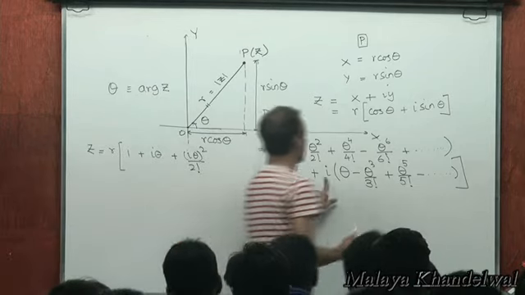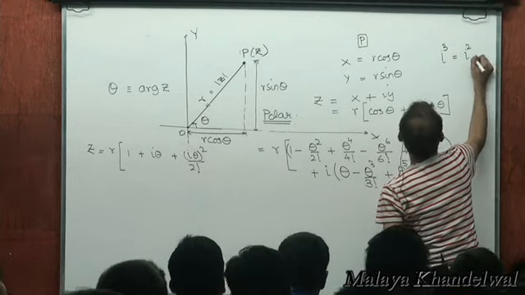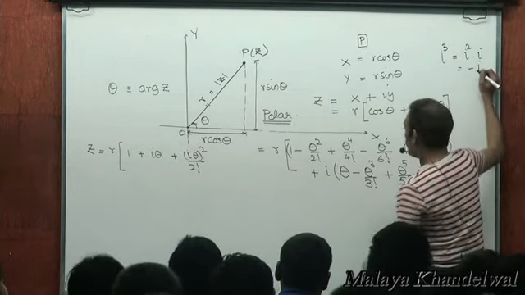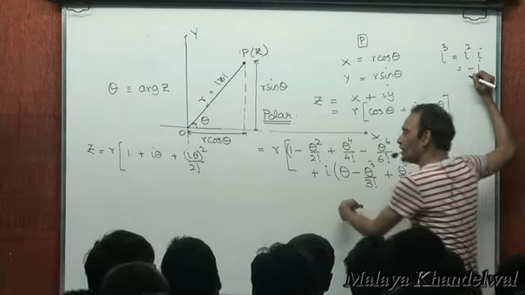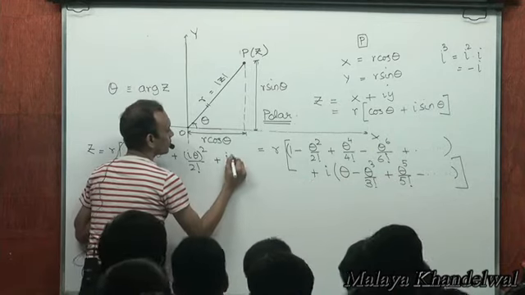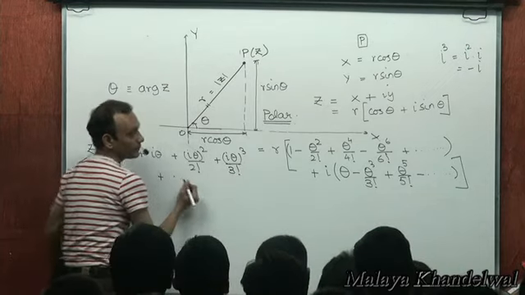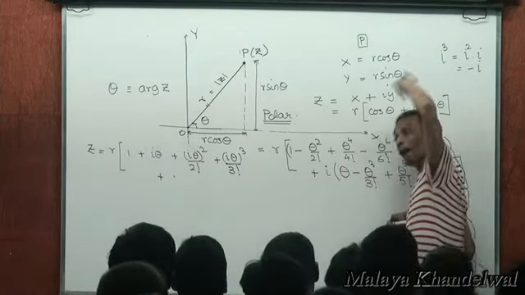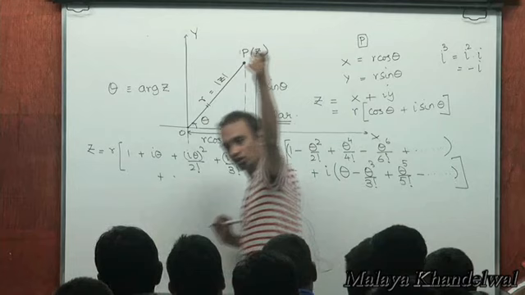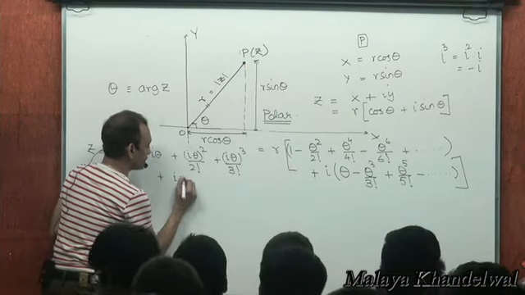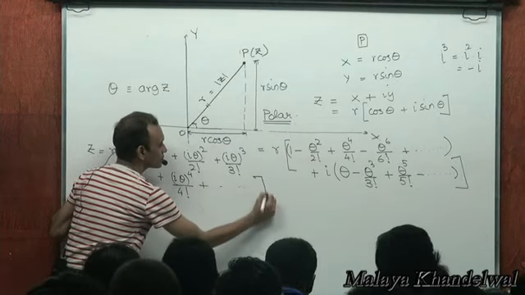Then minus i, see, i cubed is i squared into i, which is minus i. So this can be written as i theta whole cubed by 3 factorial. Similarly, plus 1 is i to power 4, i squared whole squared. So i theta whole to power 4 by 4 factorial and so on.